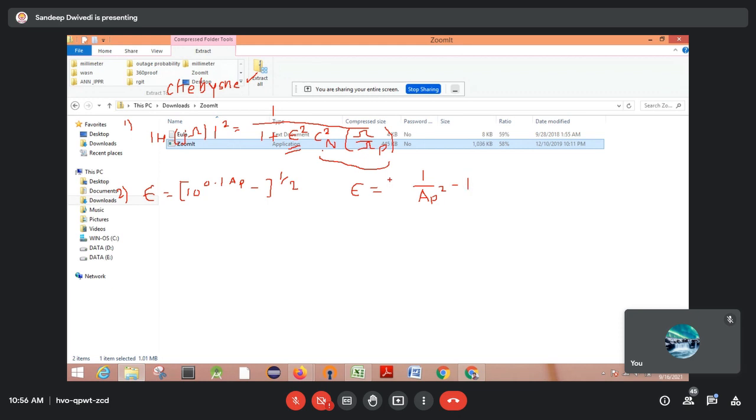Same thing is there, just instead of 10 raised to power, you need to write like this, raised to power half. So if Ap is given in dB, you need to use the first formula, and if it is not given in dB, in decimal, you can use this.